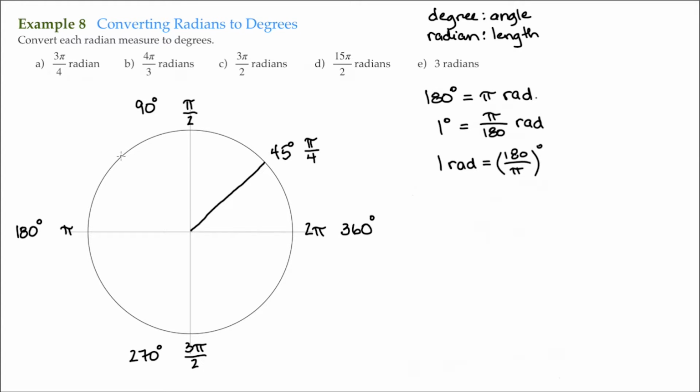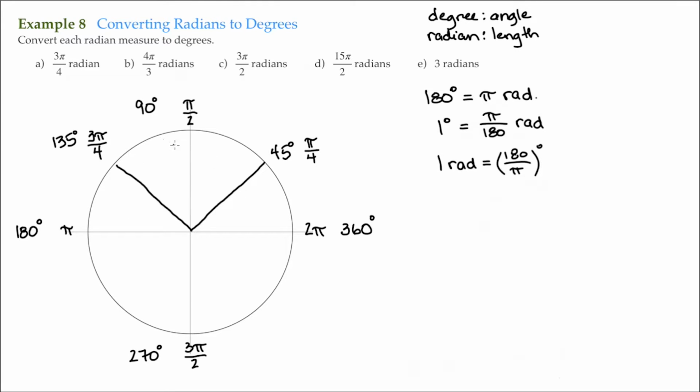If I add on another 45 degrees, I'm at 135 degrees. Right? 45 plus 45 plus 45 is 135 degrees. Pi over 4 plus another pi over 4, that's pi over 2, plus another pi over 4, that's 3 pi over 4. So 3 pi over 4 radian is 135 degrees.